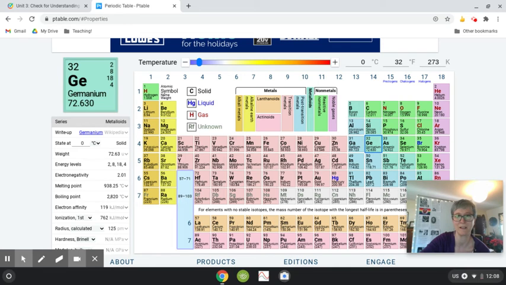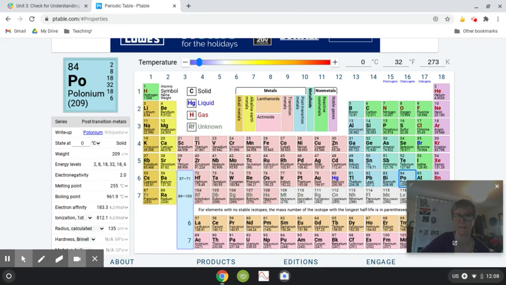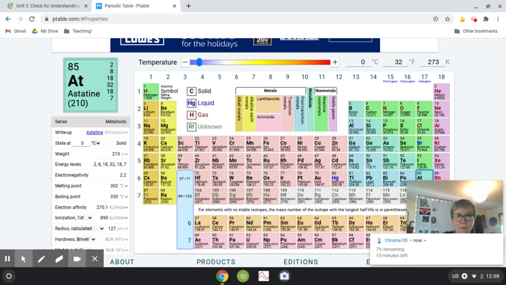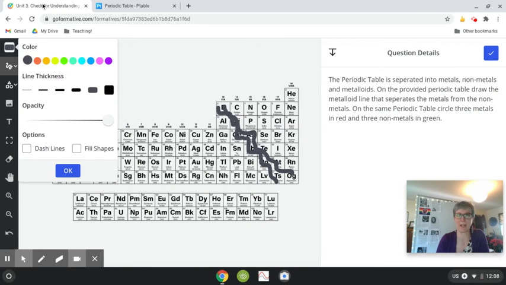So once I get to germanium, arsenic, antimony, tellurium, polonium, and astatine. So it gets a little bit weird with the polonium, but know that you'll have a general line on your assignment there. Then we need to circle 3 metals in red and 3 nonmetals in green.